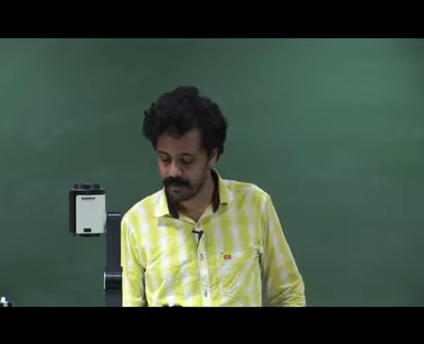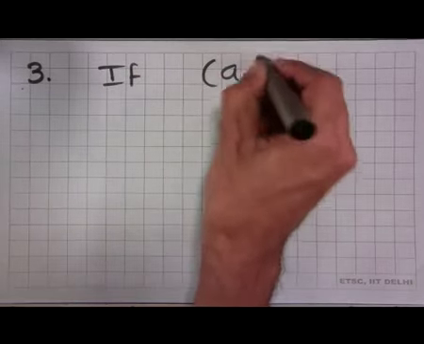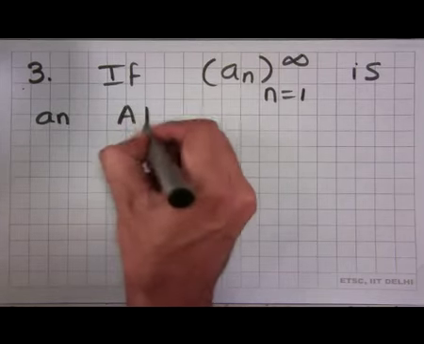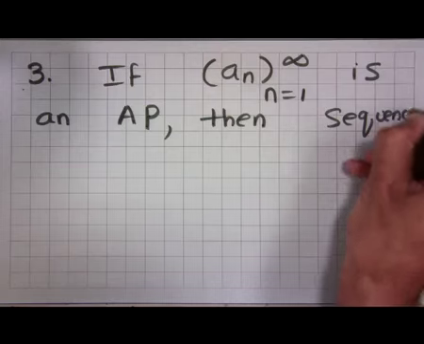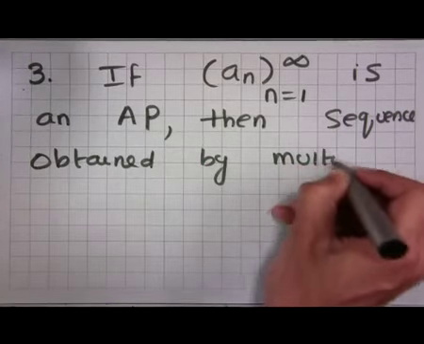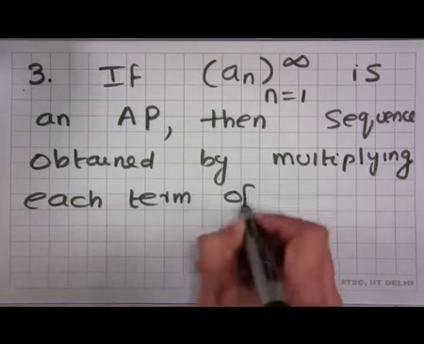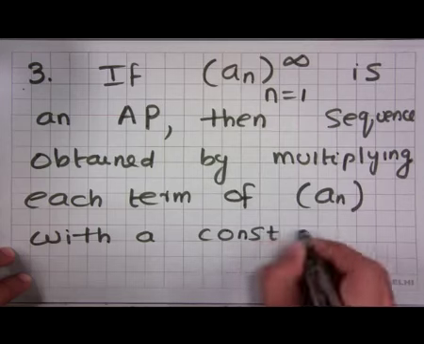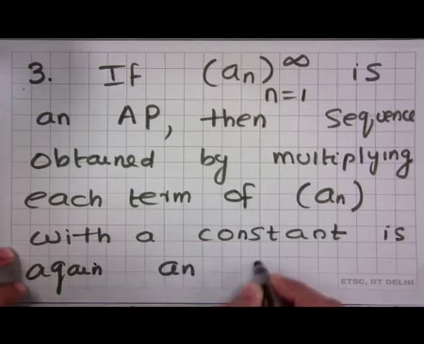To continue, let us have a similar property. If the sequence a_n, n equal to 1 to infinity, is an arithmetic progression or an arithmetic sequence, then the sequence obtained by multiplying each term of the sequence a_n with a constant is again an arithmetic progression.